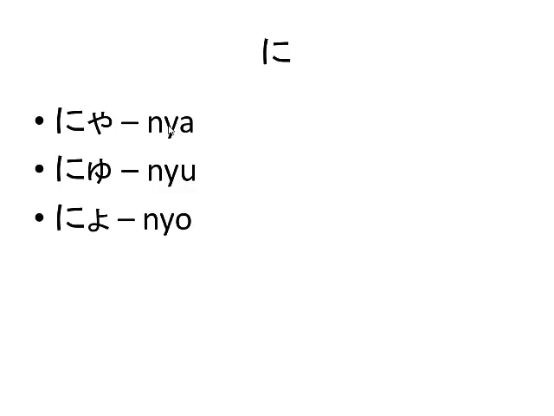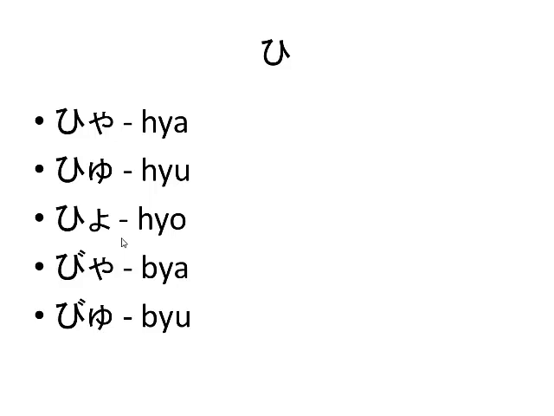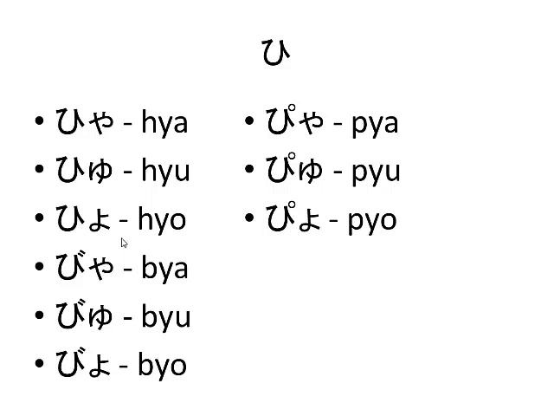Next line, the N line, the ni character. Nya, nyu, nyo. The H line: hya, hyu, hyo. Also bya, byu, byo. And with the little circle, pya, pyu, pyo.